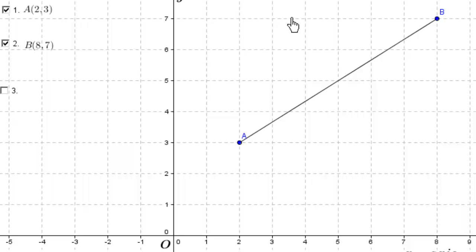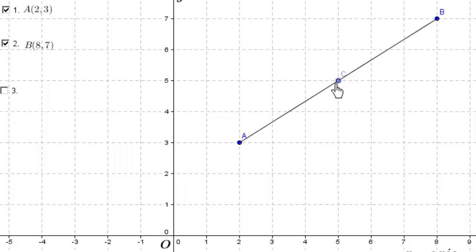Now we can divide this line into two equal parts. So here is the midpoint of the line, C. So what do you think are the coordinates of C?